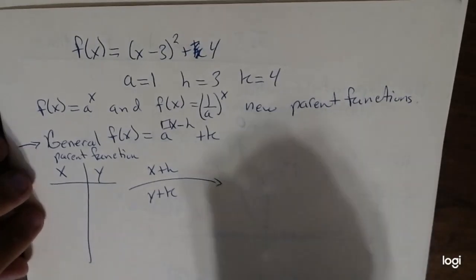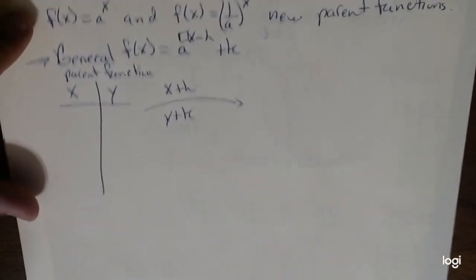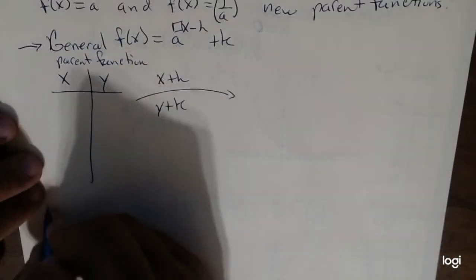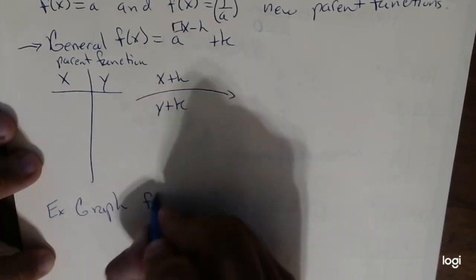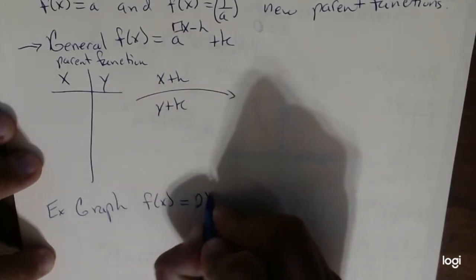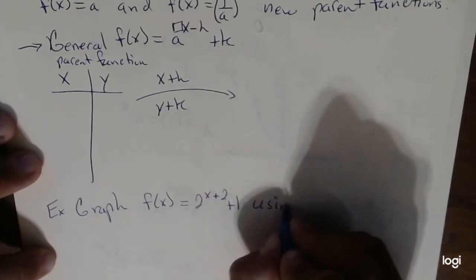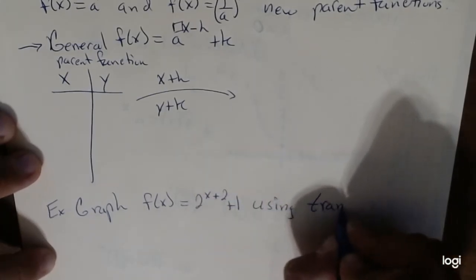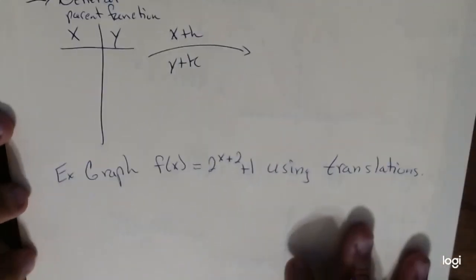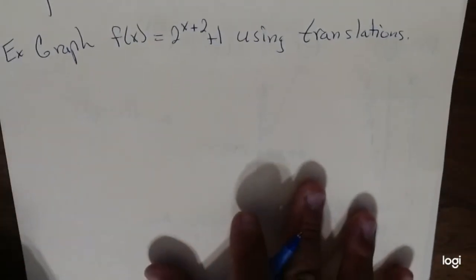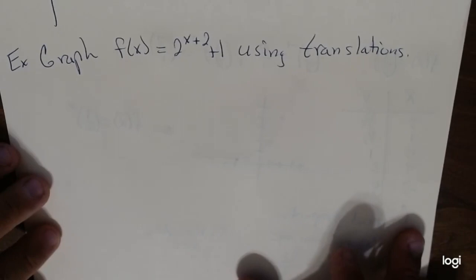Okay, so let's try some examples so you can see, using the exact same rules as the general function here. Let's graph this using translations, meaning we're actually not going to be plugging into a calculator.